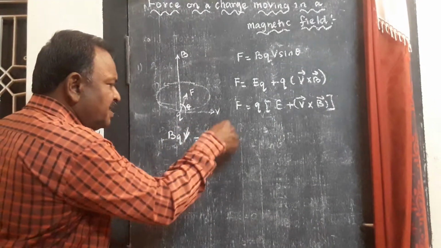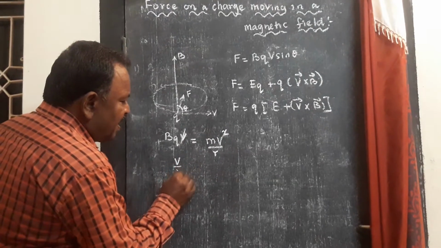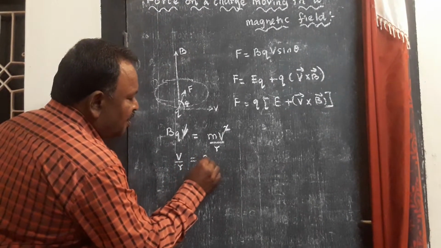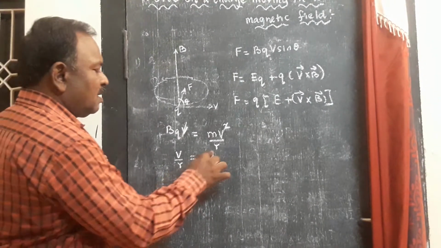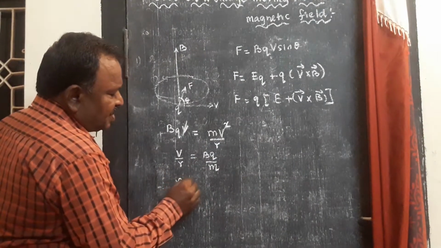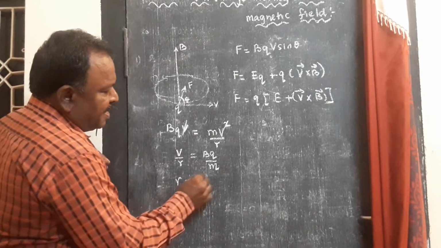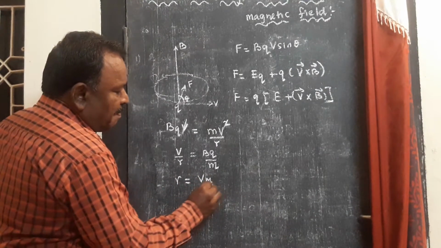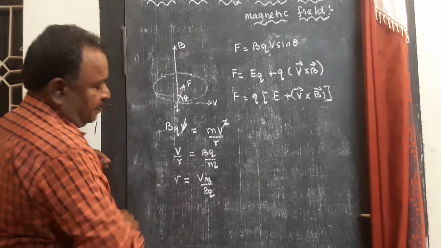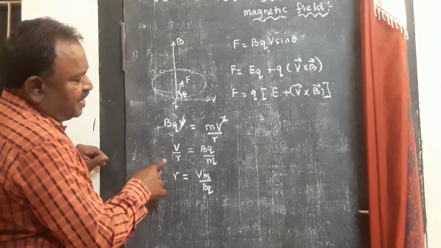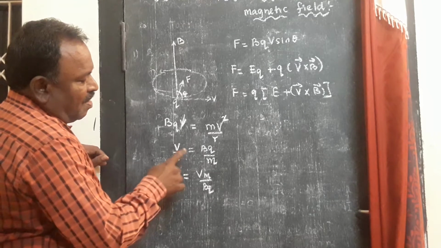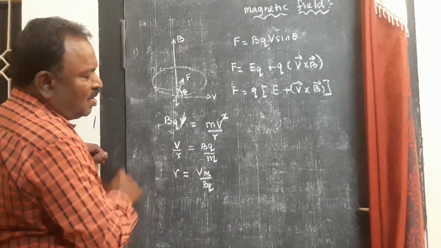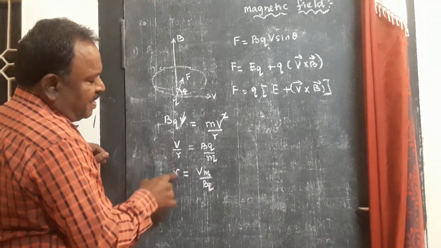So v and v get cancelled. So v/r = BQ/m, or the radius of the circular path is given by r = mv/BQ.